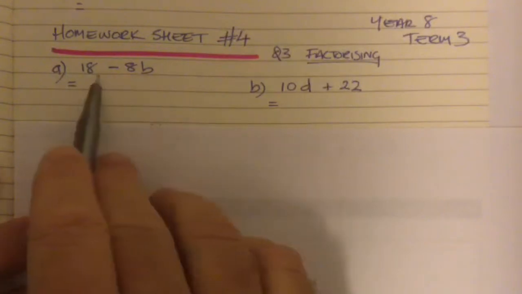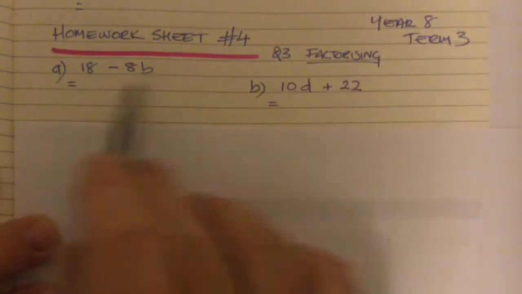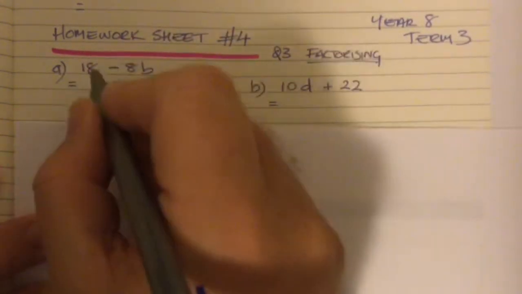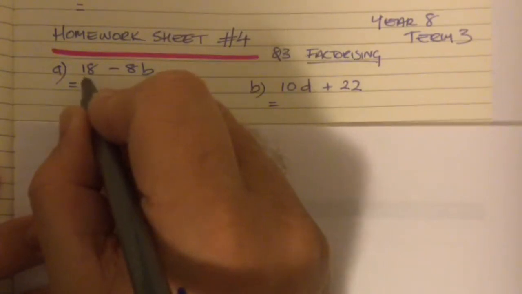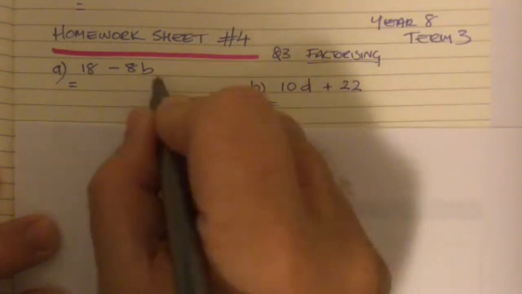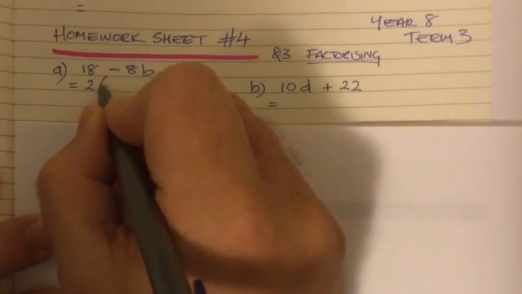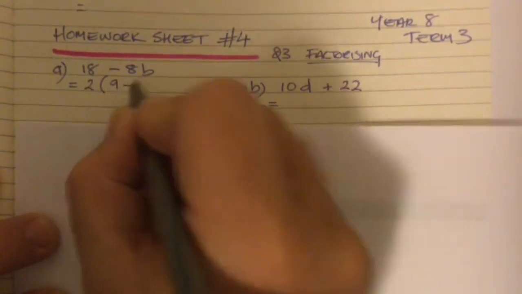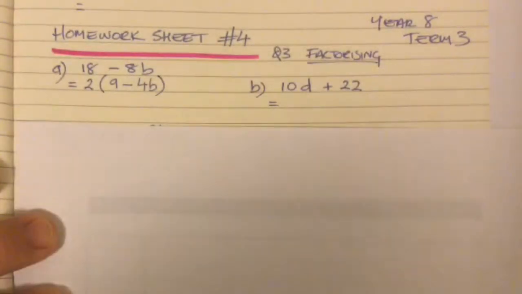But on that we take a look, we go, well, 2 is the highest common factor out of these two. Given that this is 2 times 9, and this is 2 times negative 4b, 2 comes out the front, we've got 9, we've got negative 4b, and we're done.